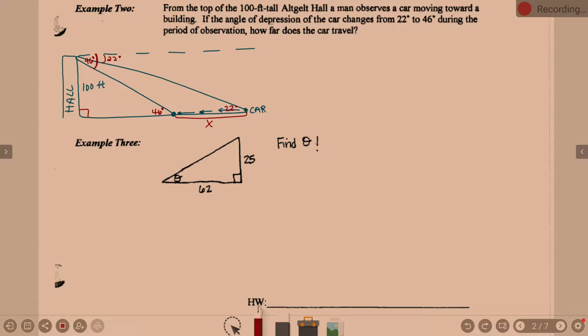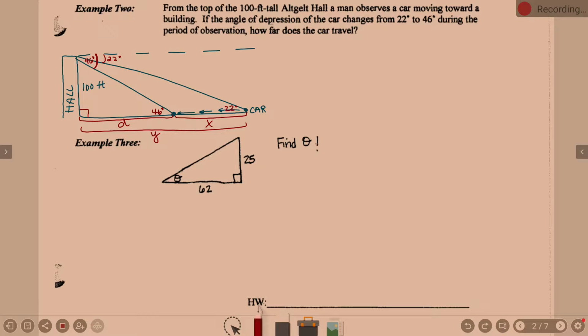We're going to have to find the distance the car ended up here from the hall, which I'm going to call D. So the distance of that triangle that has the 46-degree angle. And, do I have room to write it in here? We're going to have to find the whole distance, which I think is Y in my notes. And then once we know Y and once we know D, we can subtract to get X.